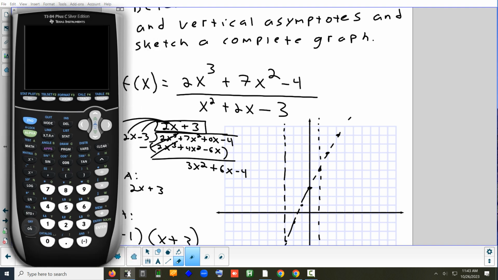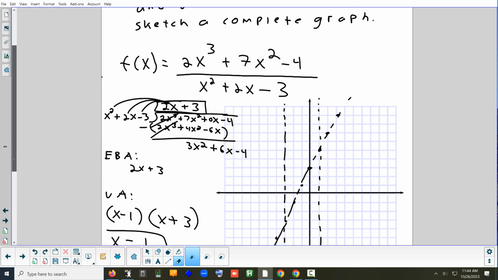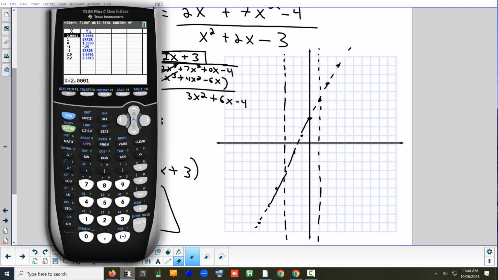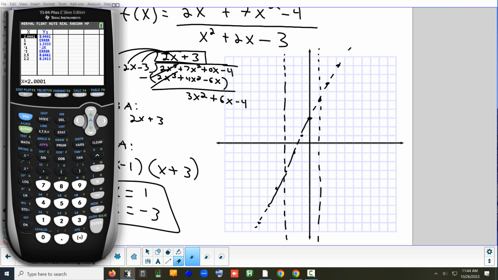All right, now we just got to plot some points. So we've got 2x cubed plus 7x squared minus 4, divided by x squared plus 2x minus 3. What would be a good value I could check that's a little smaller than -3? -3.001.